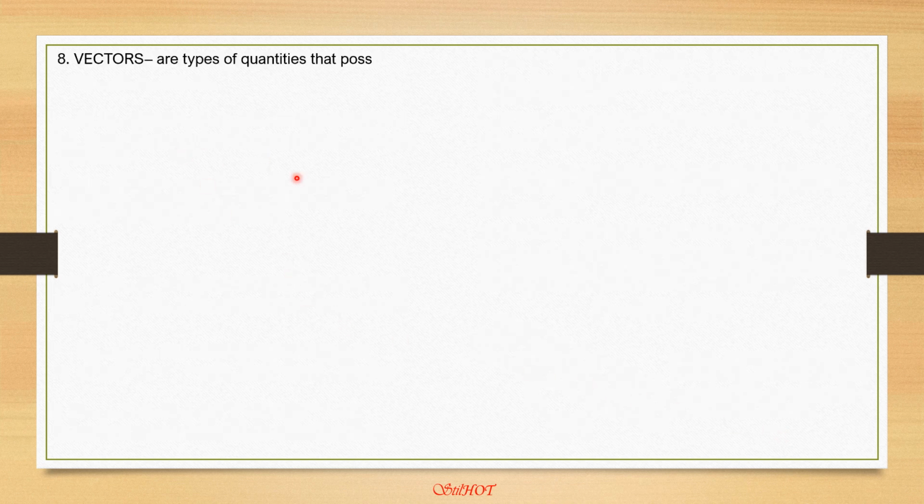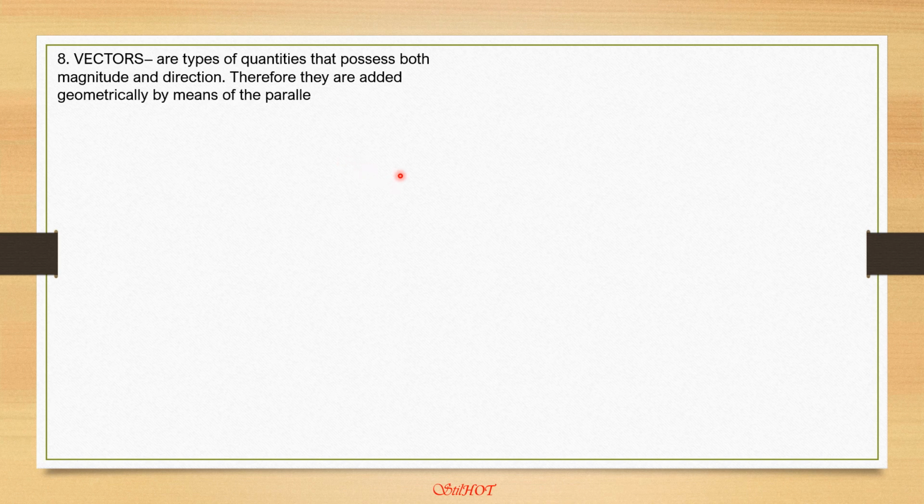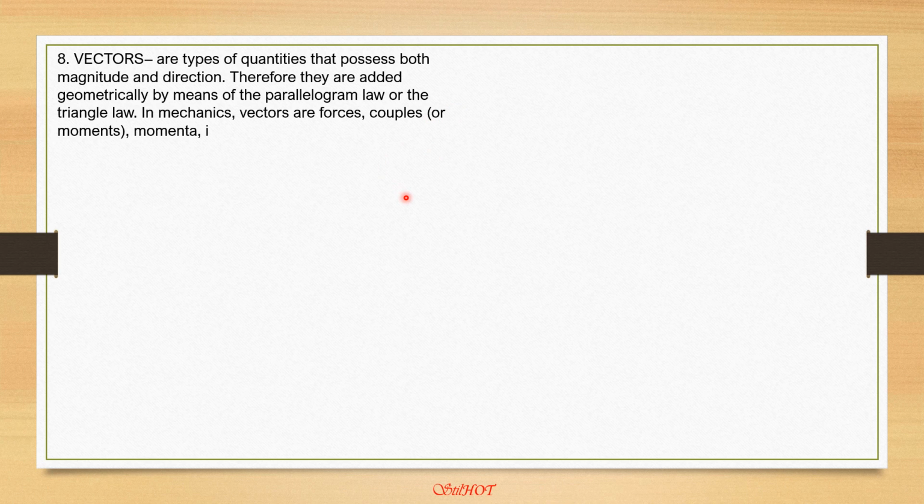Then vectors are types of quantities that possess both magnitude and direction. Therefore, they are added geometrically by means of the parallelogram law or the triangle law. In mechanics, vectors are forces, couples or moments, momenta, impulses, torques, velocities, accelerations, and displacements.